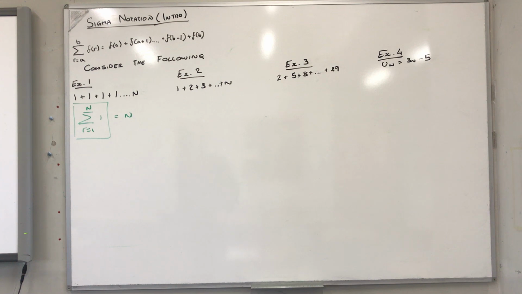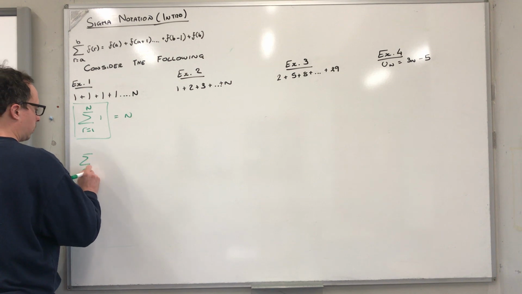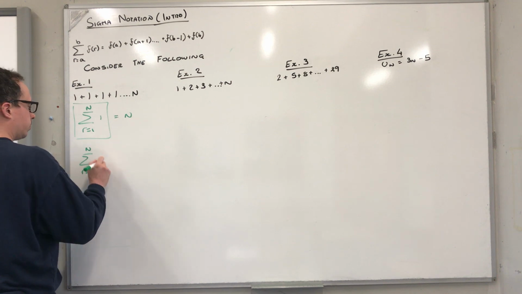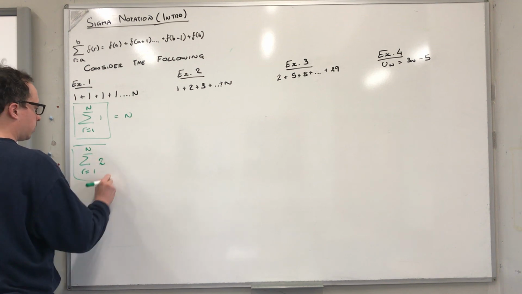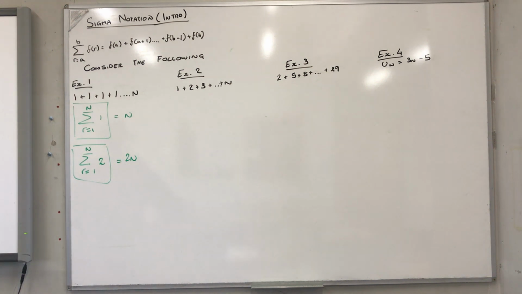If, for example, it was 2 plus 2 plus 2 plus 2, then it would change. So these are just going to be calculated by whatever the value of n is.